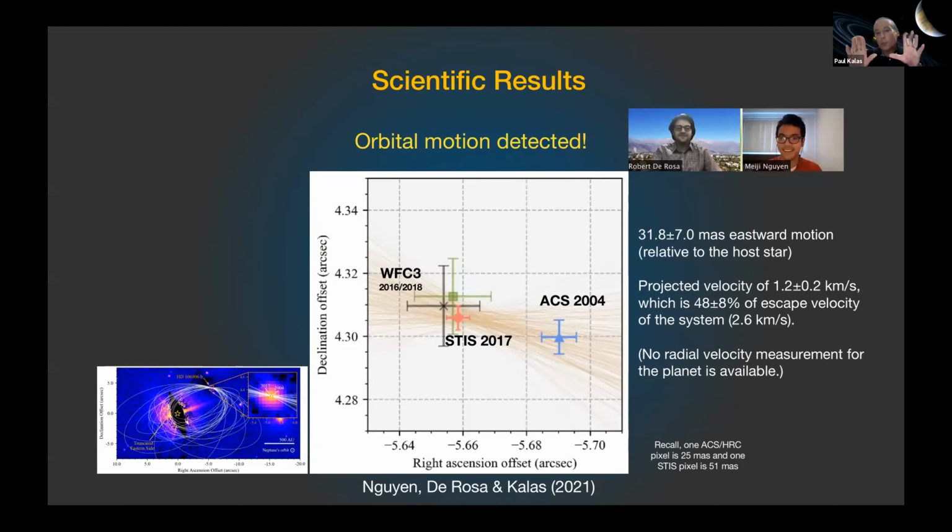But notice that we do not have the radial velocity of the planet. That hasn't been measured yet. But at face value, it looks like the planet is bound. It's not on a radial trajectory, and it doesn't have a sky plane velocity that exceeds the escape velocity.